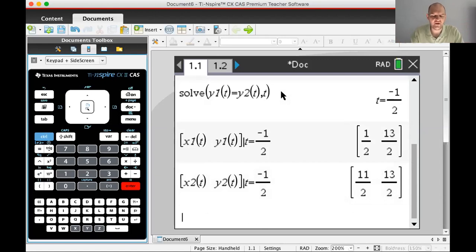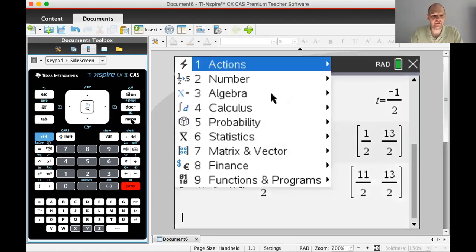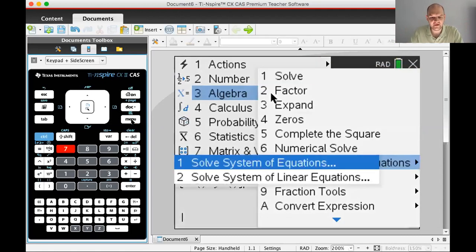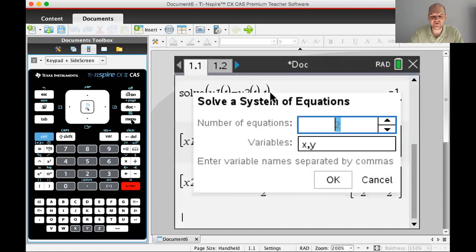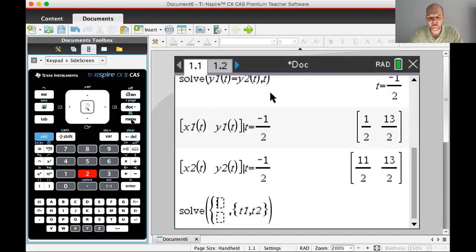Okay, and then the next thing we wanted to do: there is an intersection point. When do they get to that? For this one, I'm going to do a system. So menu 3, 7, and then system of equations, two unknowns. I'm going to say t1 and t2.